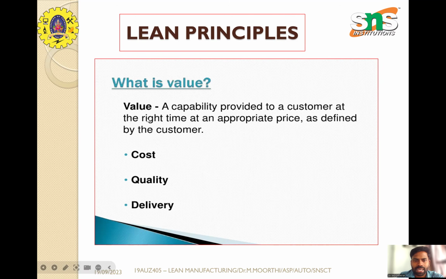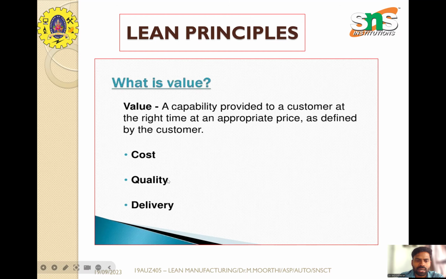Value is the capability to provide to a customer, at the right time and at an appropriate price defined by the customer. It may be cost, quality, or delivery. We have to minimize the overall cost of the entire product as much as possible, so that the customer benefits when purchasing from the market.